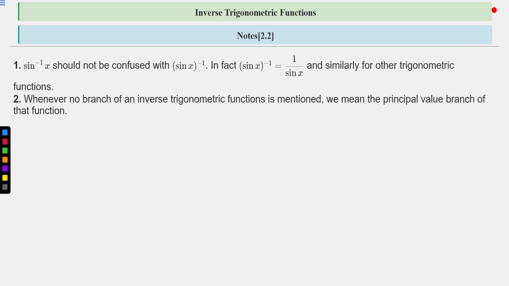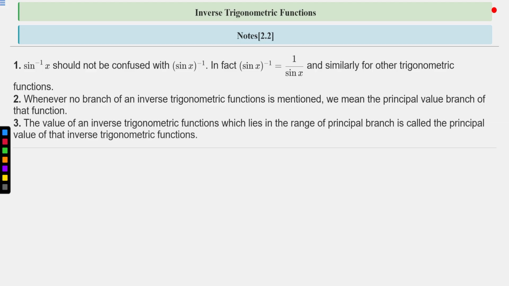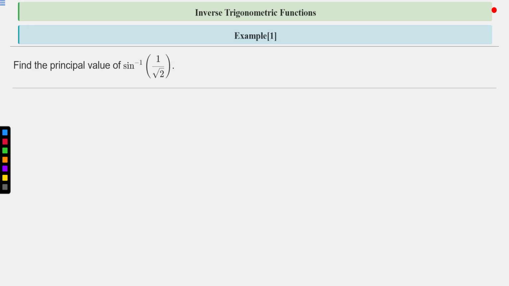Next, the value of an inverse trigonometric function which lies in the range of the principal branch is called the principal value of that inverse trigonometric function. You have to keep this in mind and remember it. So we will start discussing questions.